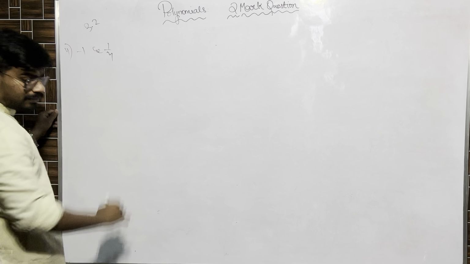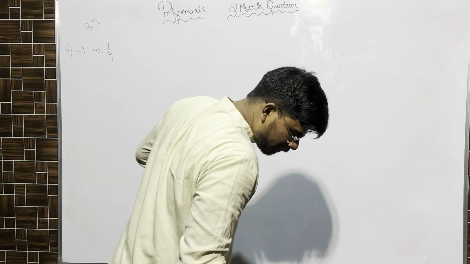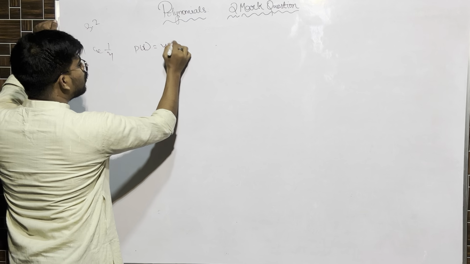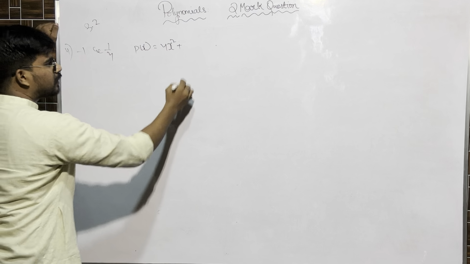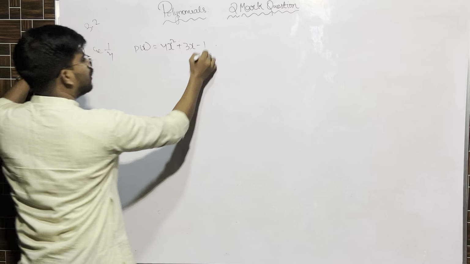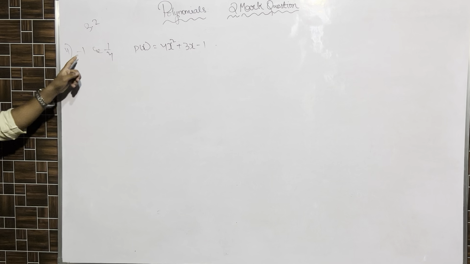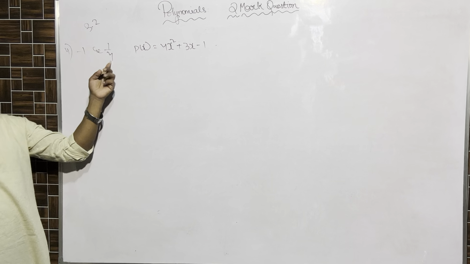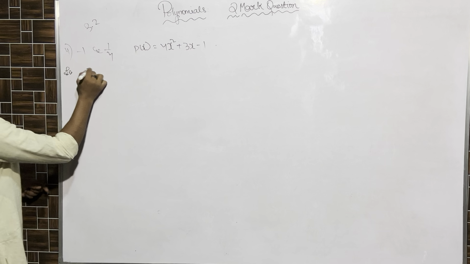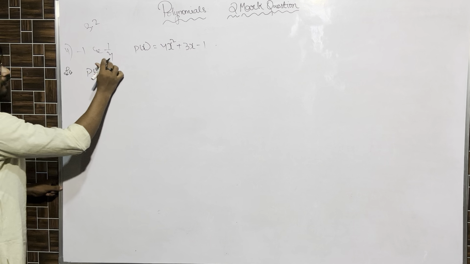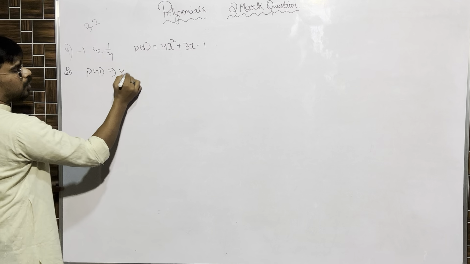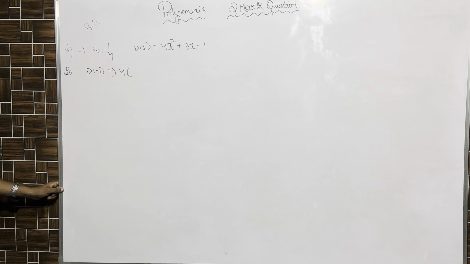What is the polynomial? P of x is equal to 4x square plus 3x minus 1. Clear? Substituting minus 1 is not a big deal. Substituting 1 by 4 is. Fractional value. Let us substitute P of minus 1. P of minus 1, in the sense 4 into, in the place of x I have to write minus 1.